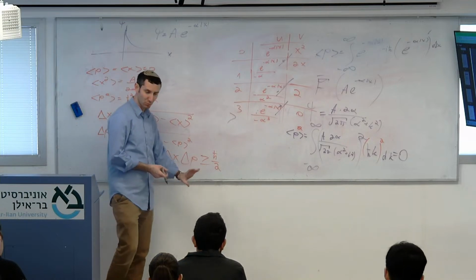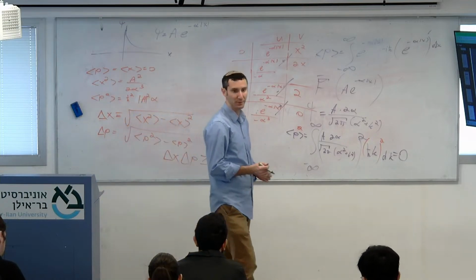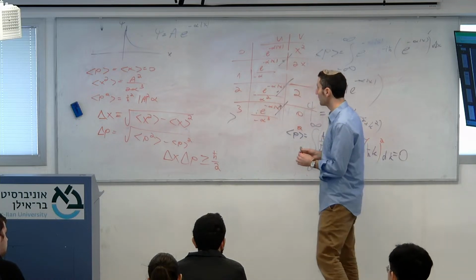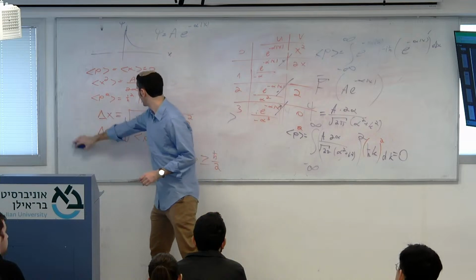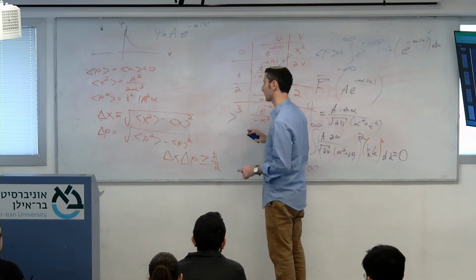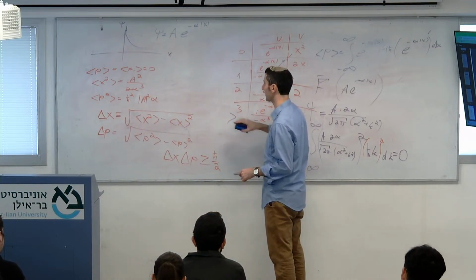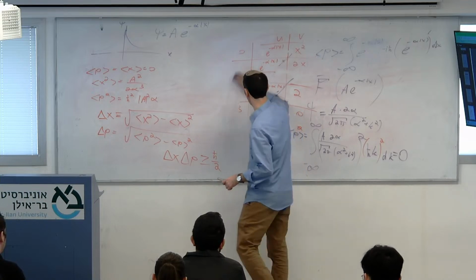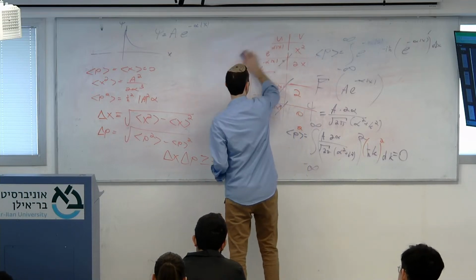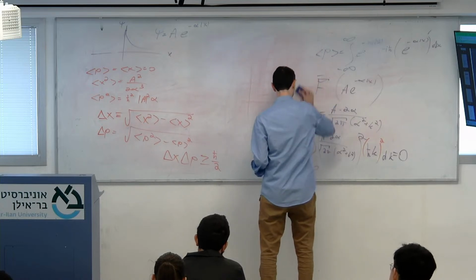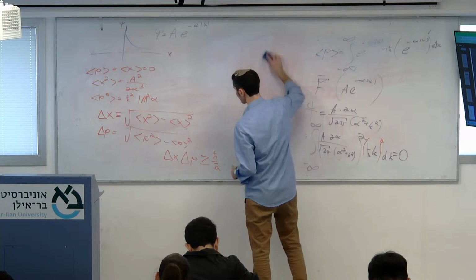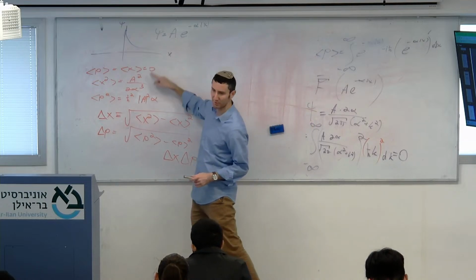Had it been 0, quantum mechanics would not exist. Let's see it here. What is this times this? Sorry, I need to take the square root of it. I do this minus 0 and then take the square root.